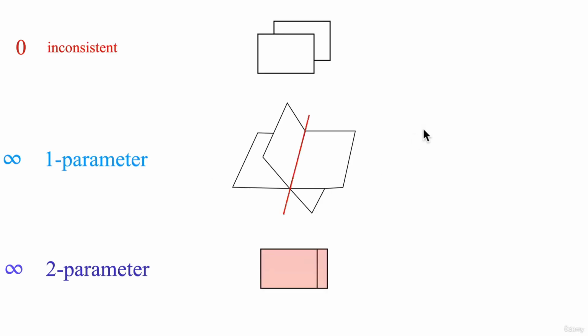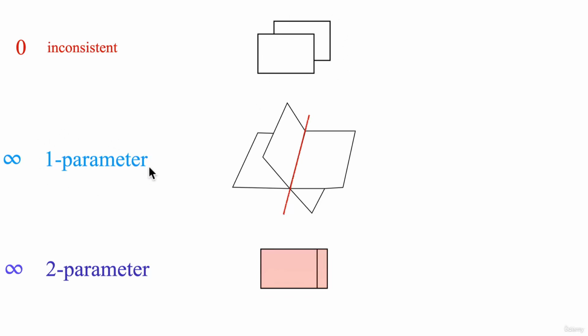So now it's quite easy. We just have 3 possibilities. Either our planes are parallel to each other, or they intersect along a straight line, or they are actually the same plane. And the first case gives us an inconsistent system of equations with no solutions because, well, parallel planes do not intersect.